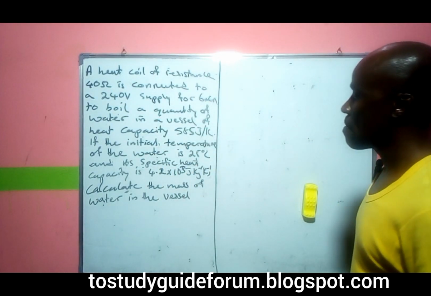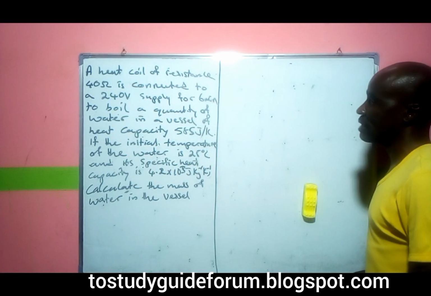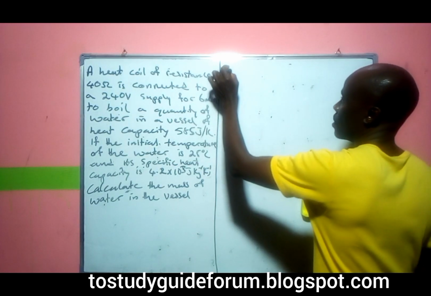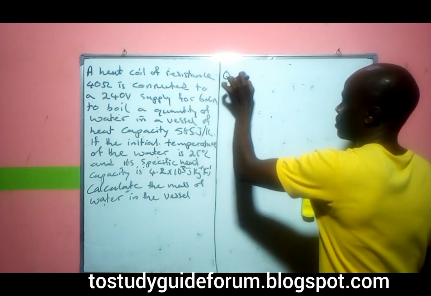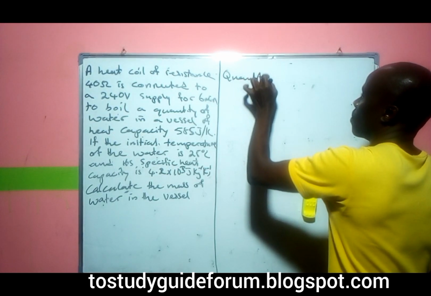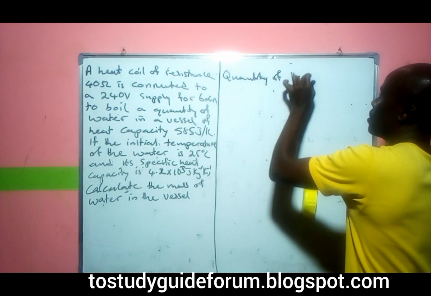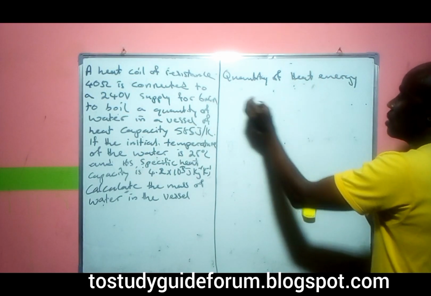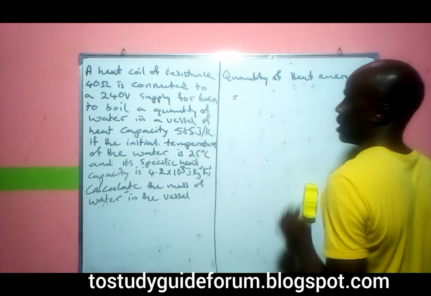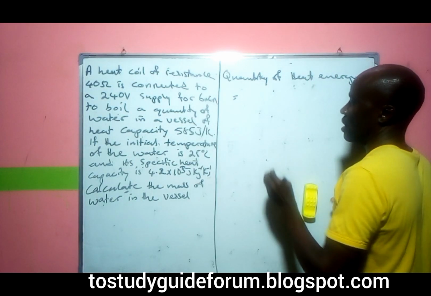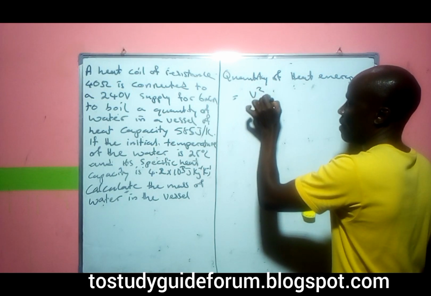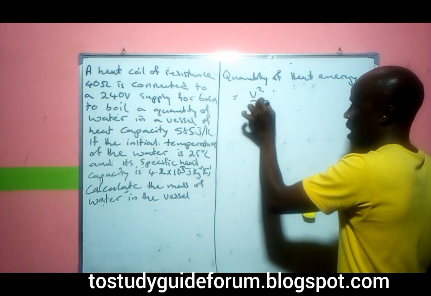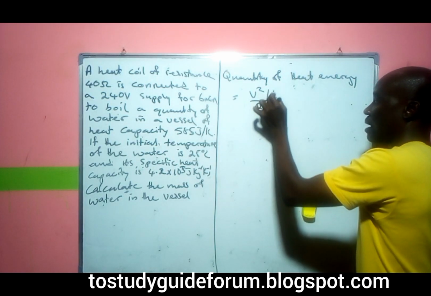and the water. Now, to get this done, we know that in electricity, to calculate energy, that is, the quantity of heat energy, since we have an electric current here, we get it by volts squared over R, and then we have our time.